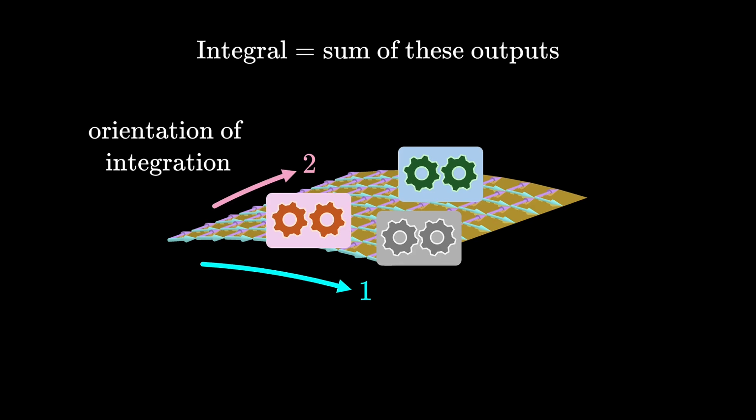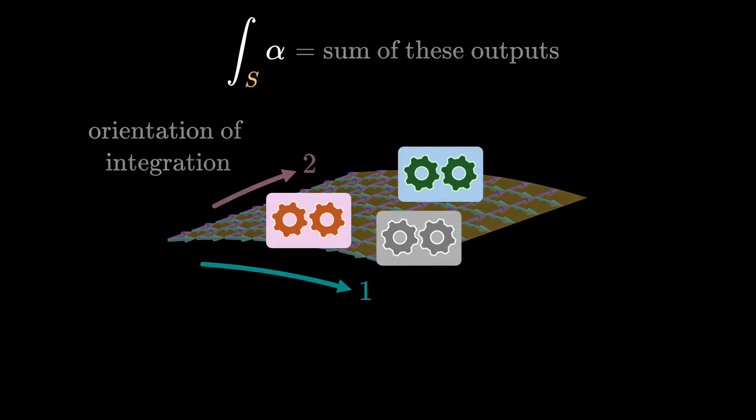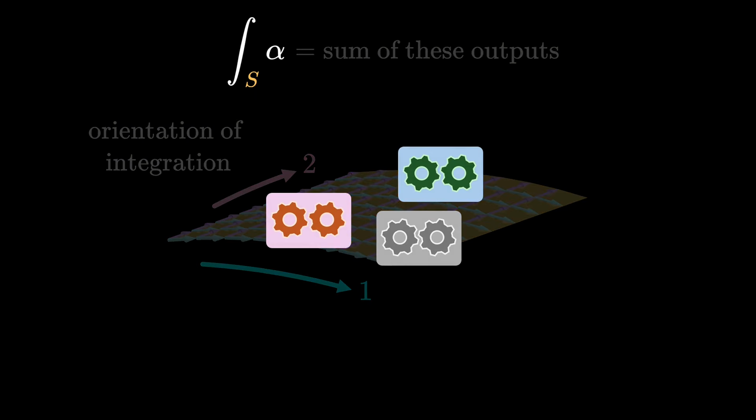Similar to the previous case, we write this as the integral of a differential form alpha over the surface S, where alpha is the collection of machines at different points, which is a two-form that takes in two vectors at each point.